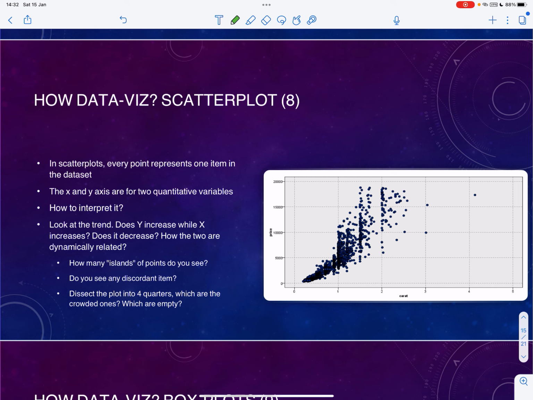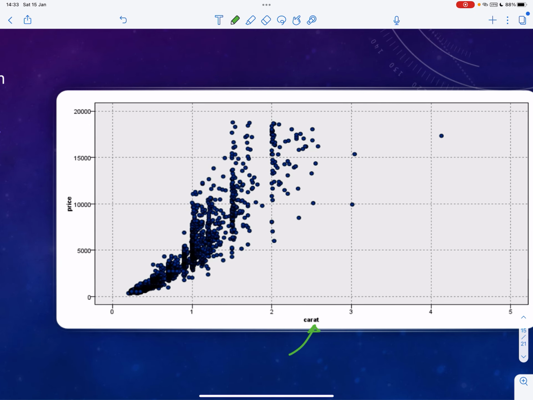So, the first and probably the easiest case: two numerical variables. One is carat, in this example, which is the diamonds example, still. And the other one is price. Every point is a diamond. It's an item.